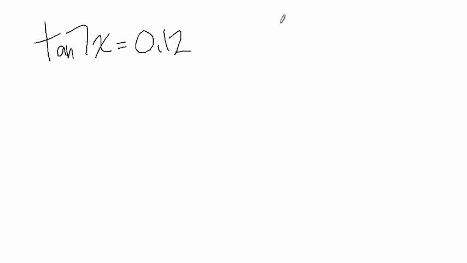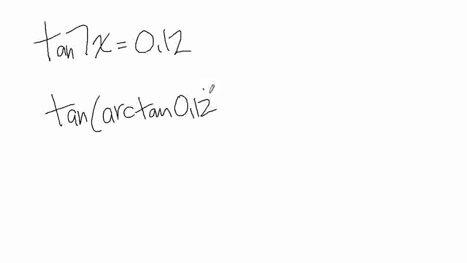However, here is one way to get a solution. We know that the tangent of the arctangent of 0.12, whatever that is, is equal to 0.12. So apparently a solution is the arctangent of 0.12.